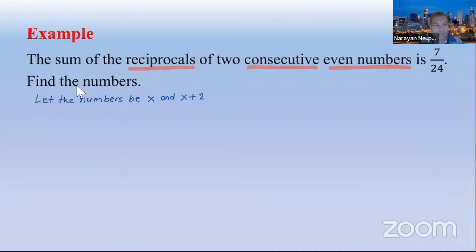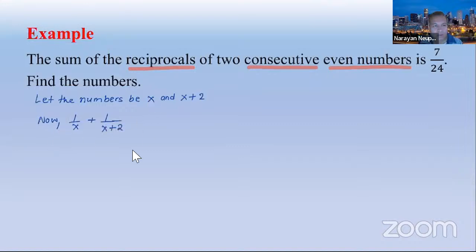Now, after this, you can see the sum of reciprocals, so we can form an equation here. Sum means you have to add, right? Sum of the reciprocals of consecutive even numbers. The reciprocal of x, as we have said before, will be 1 over x, plus the reciprocal of the second number, 1 over x plus 2.